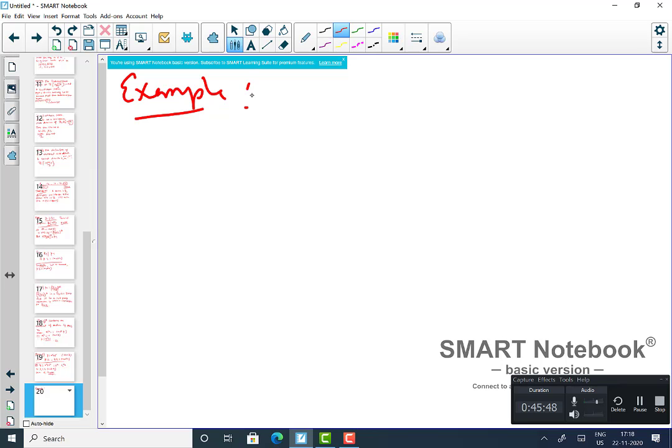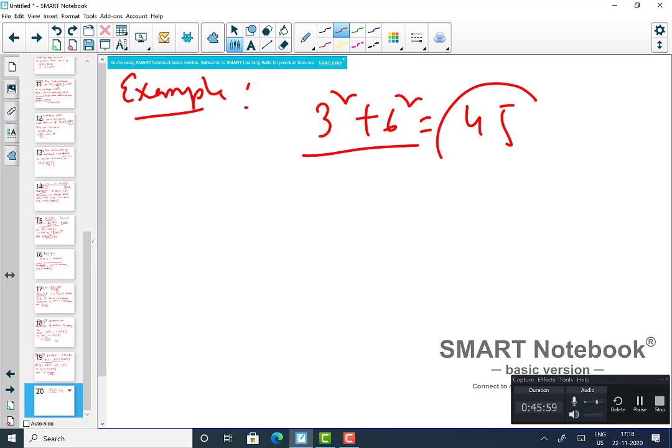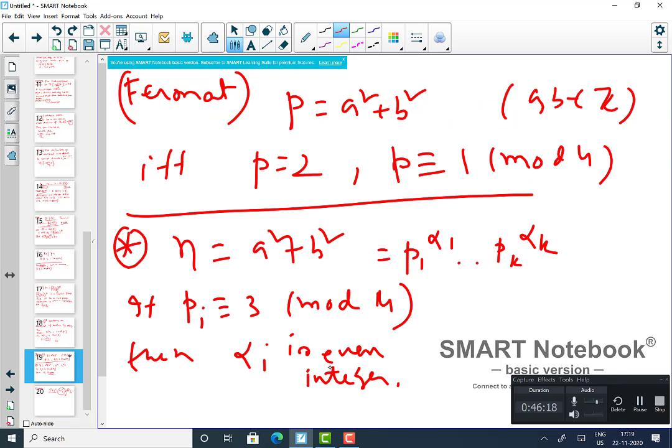You see that 3 square plus 6 square is 45, right? So this is of the form a square plus b square, and this n is divisible by what? This 45 you can write as 3 into 3 into 5. Now there is no problem because 5 is congruent to 1 mod 4, and this other prime is congruent to 3 mod 4, but you see the power is an even integer.